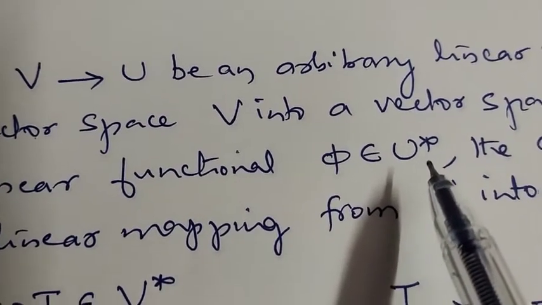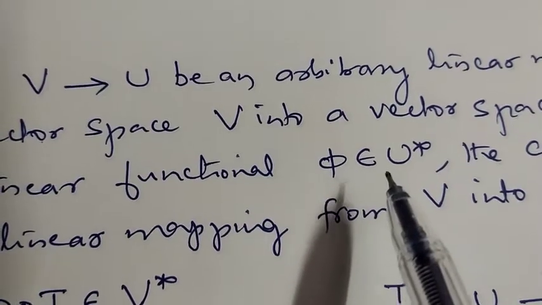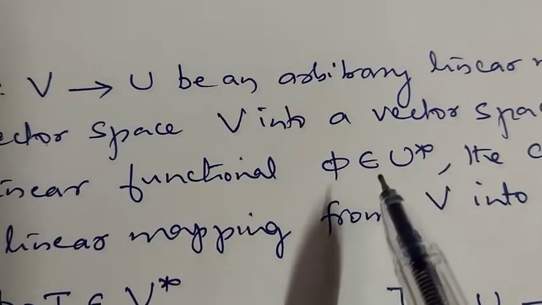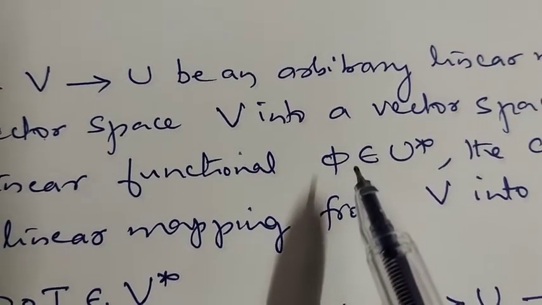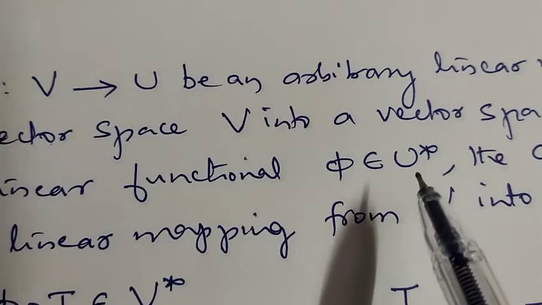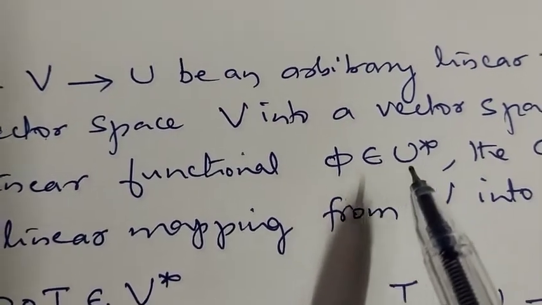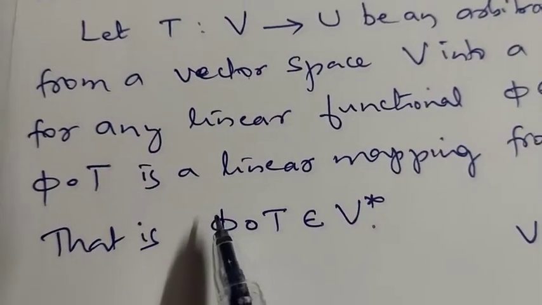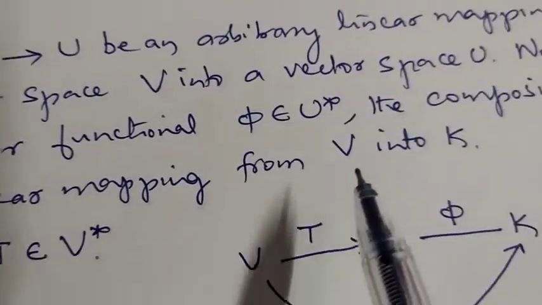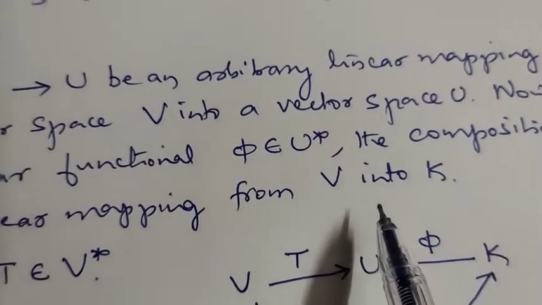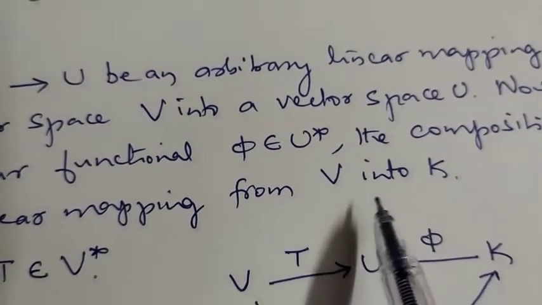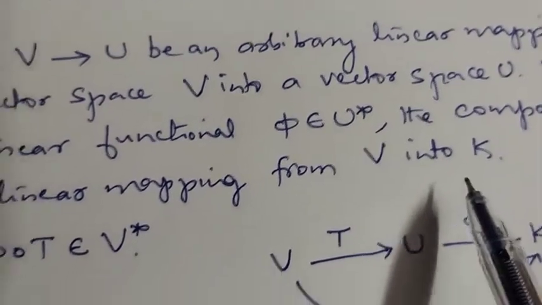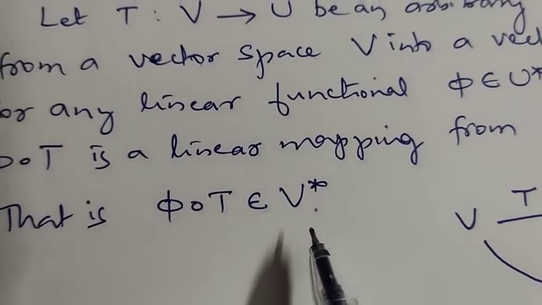U star is the dual space of U. A functional is a mapping from U to K, a linear map from U to K, and it belongs to U star. The composition phi of T is a linear mapping from V into K, which means it is an element of V star. That is, phi of T belongs to V star.